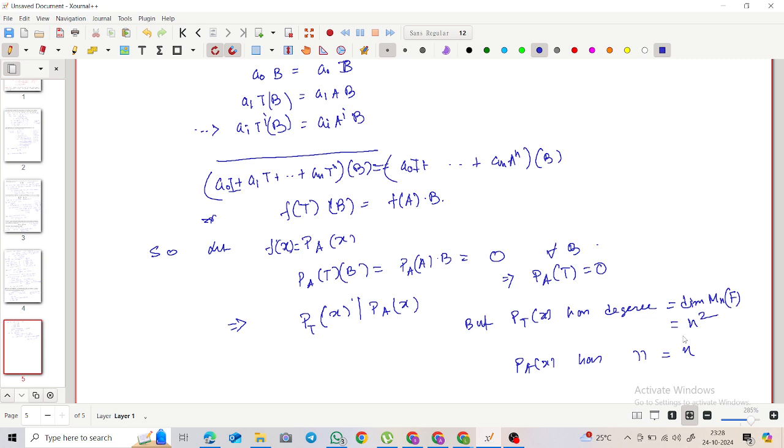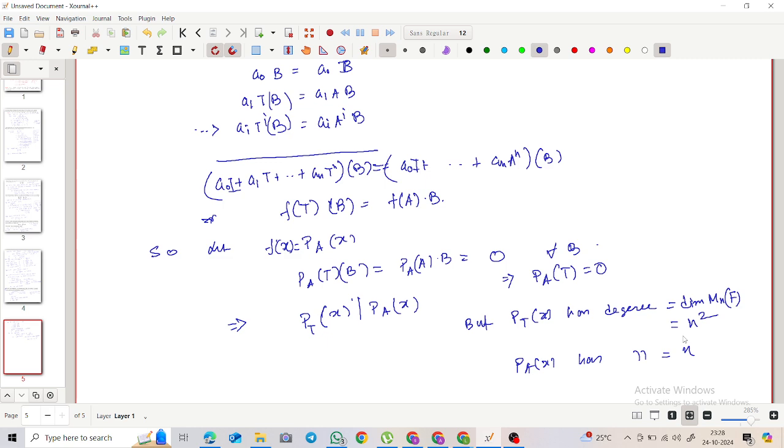I don't think I have defined minimal polynomials. Here we have to show that P_T(x) is equal to P_A(x), then we are done, right?